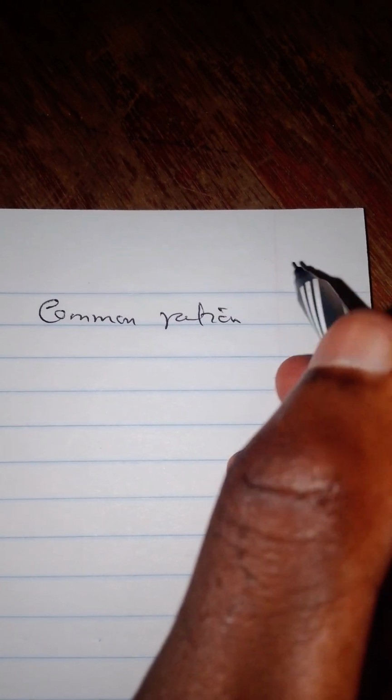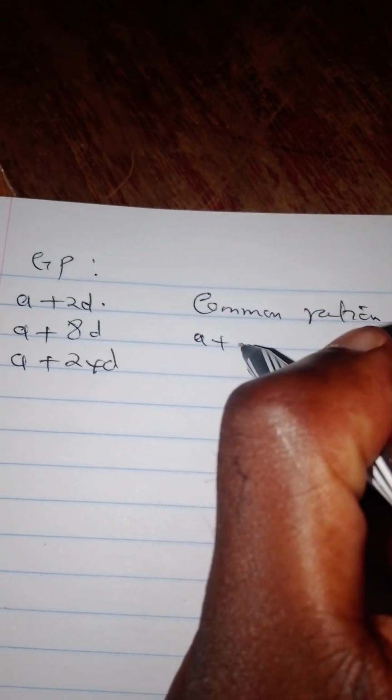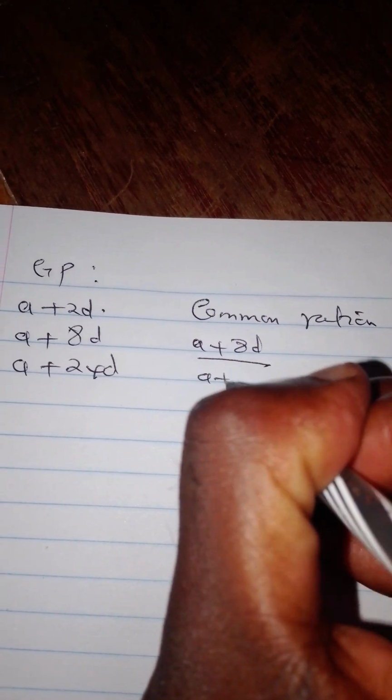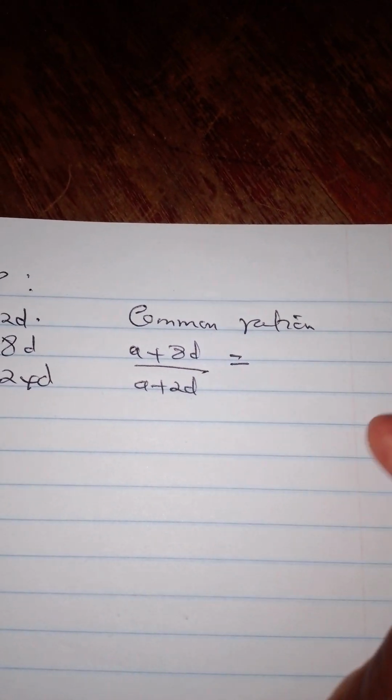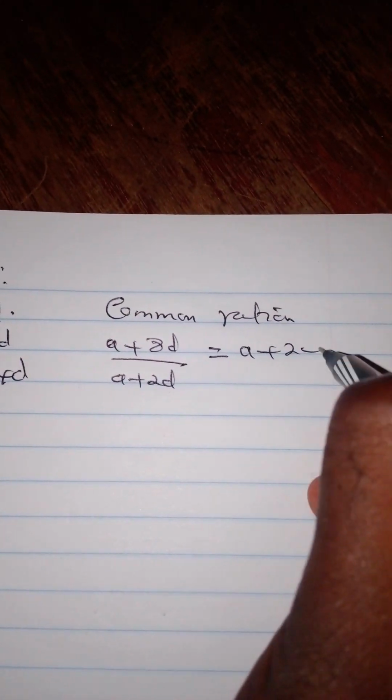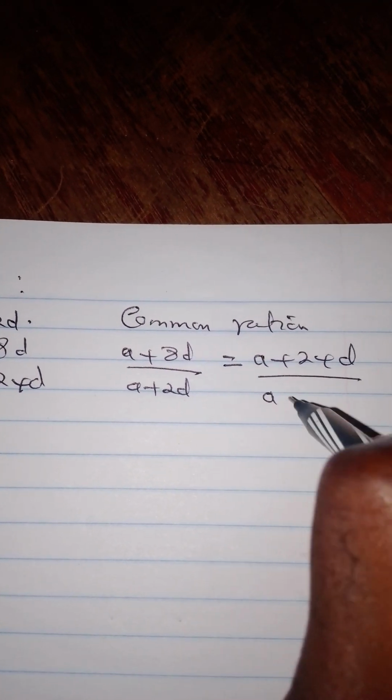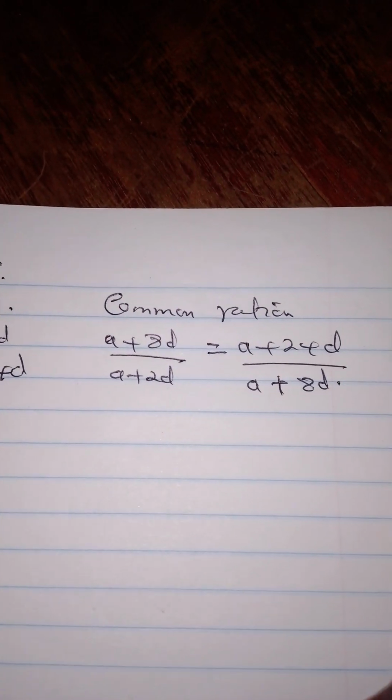Then from the GP we can get the common ratio, and it is given by A plus 8D over A plus 2D is equivalent to A plus 24D over A plus 8D.